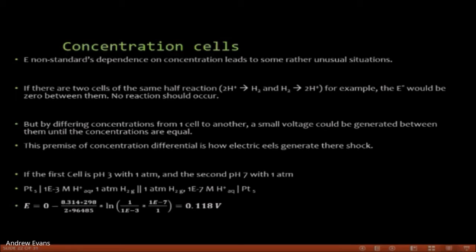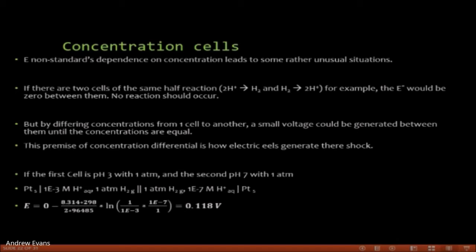If I'm going one way and then the other, and it's the same reaction, the first reaction cancels the second reaction. So the cell potential only depends on the concentration of each one. And by putting different concentrations from one cell to another, a small voltage can be generated.